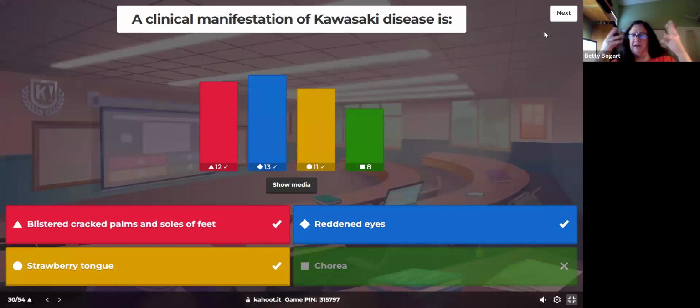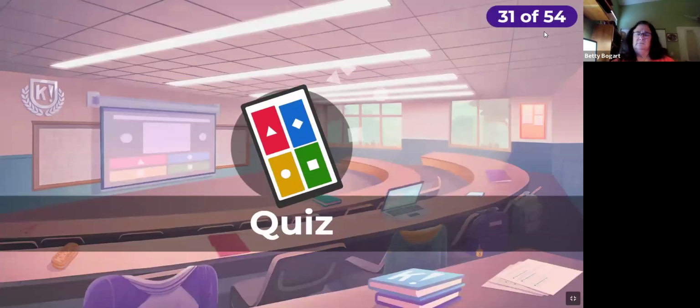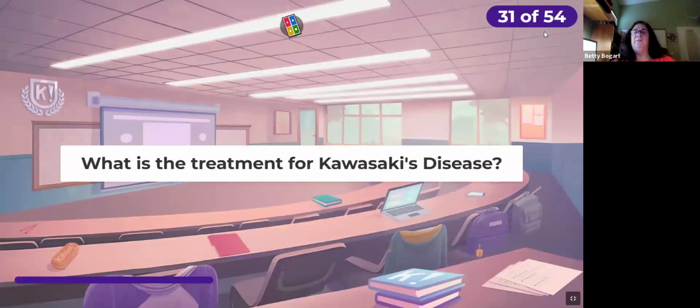Remember, that's that movement that we can get back if we give long-term antibiotics. Kawasaki is a virus. It's that blistered, cracked palms, soles of feet. Yes, reddened eyes, strawberry tongue, broken lips too. Okay, could be a systemic rash and fevers, and the kid just feels miserable. What is the treatment for Kawasaki disease?